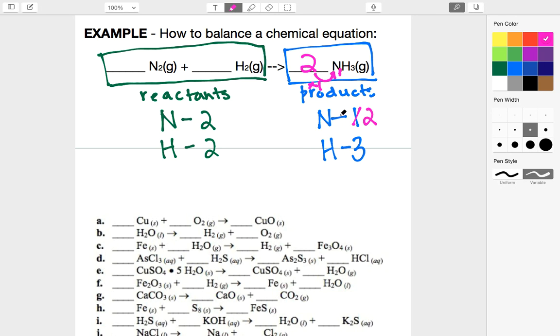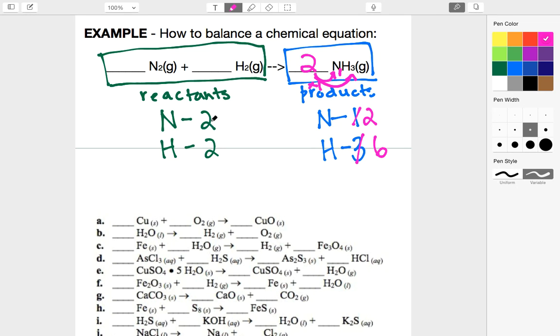That's awesome, except for the fact that now H3, I also need to multiply by 2. And it's going to unbalance things a little bit, right? So 2 times the subscript for H, which is 3. 2 times 3 is 6. So now on my product side, I have 6 hydrogens total.